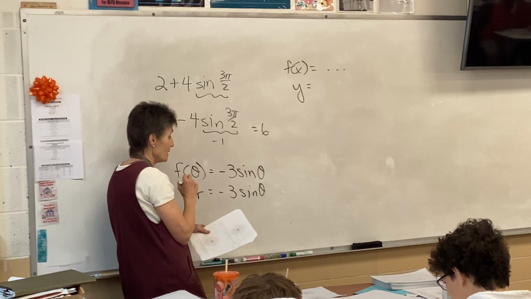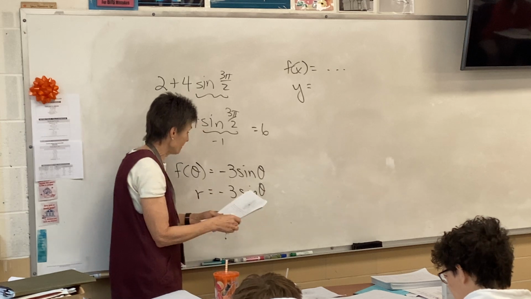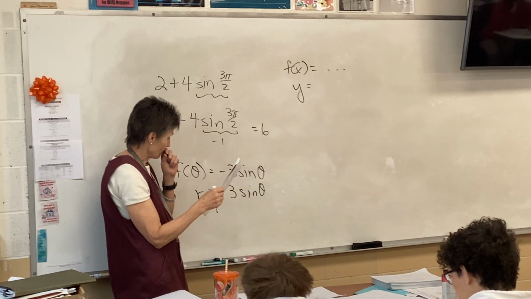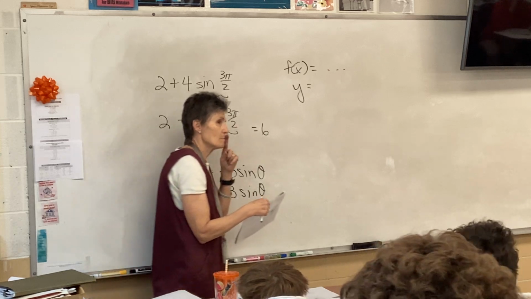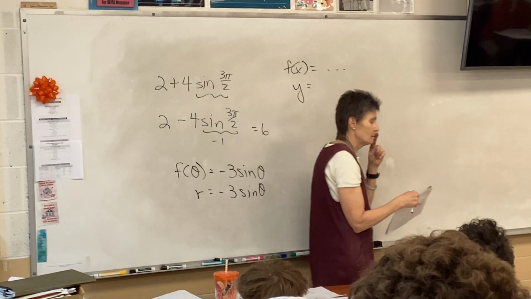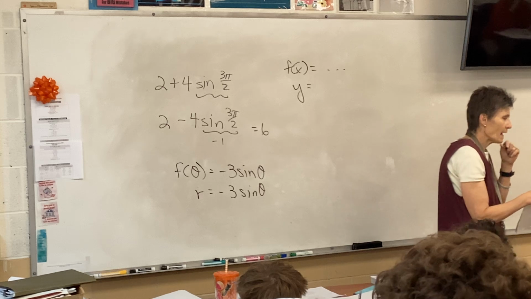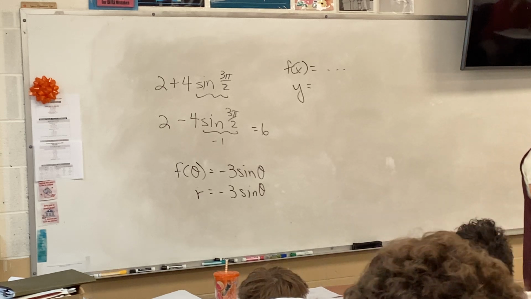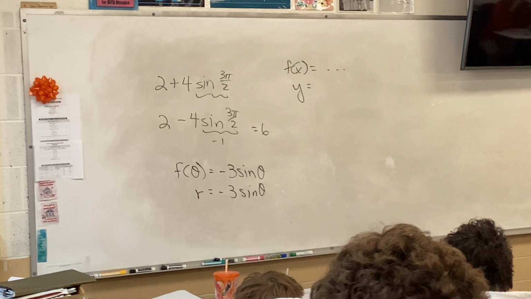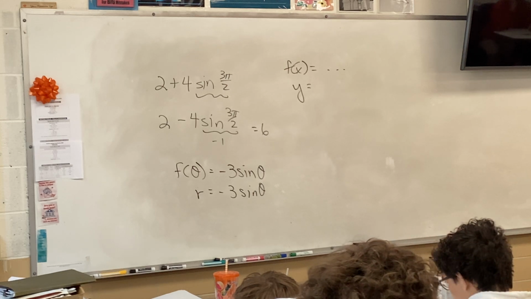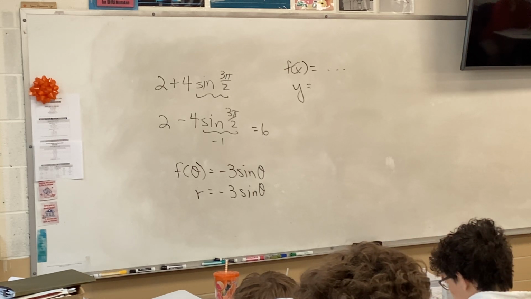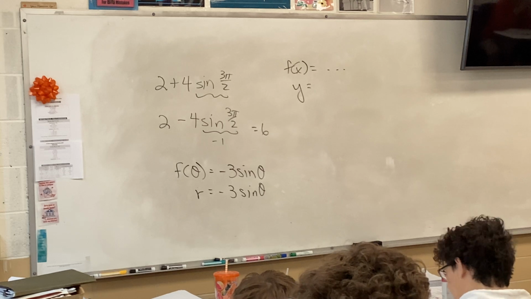Now, wait a second. Is that negative right there? What happens when we have an r and we multiply it by a negative? It changes by pi.